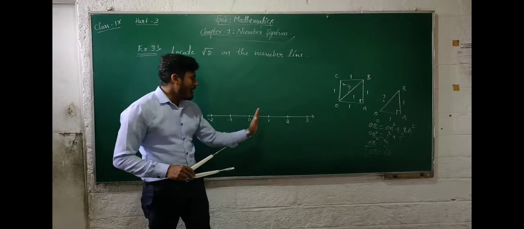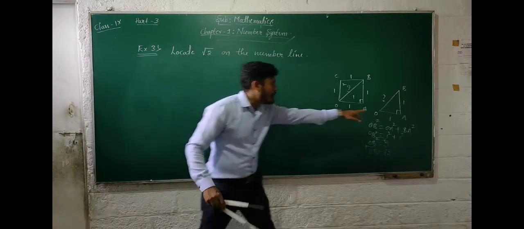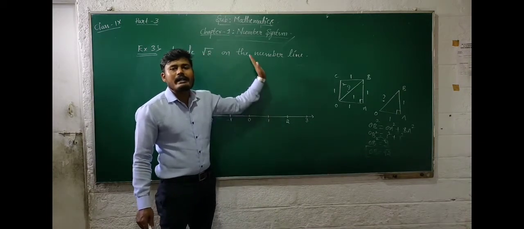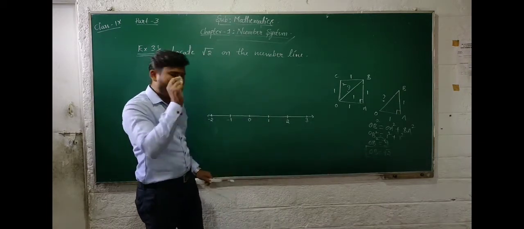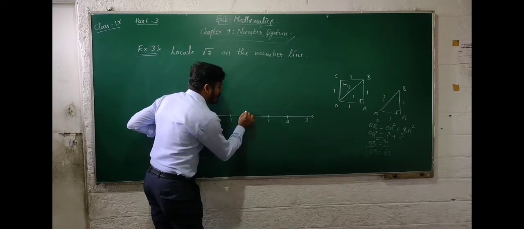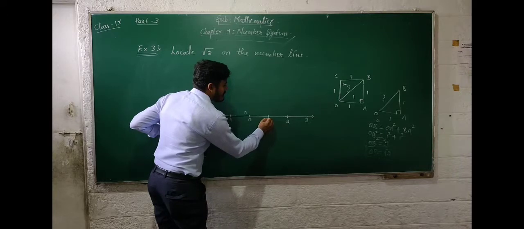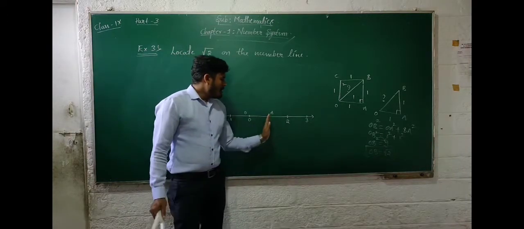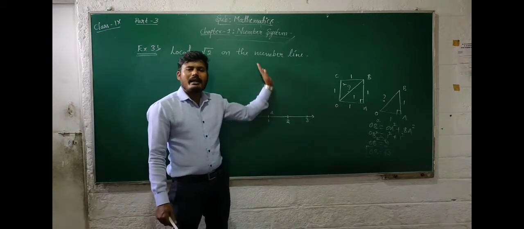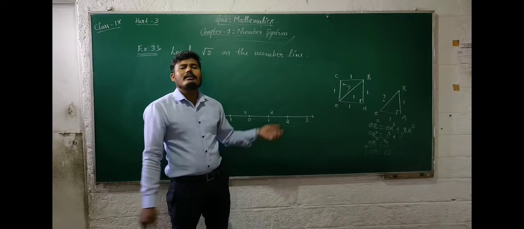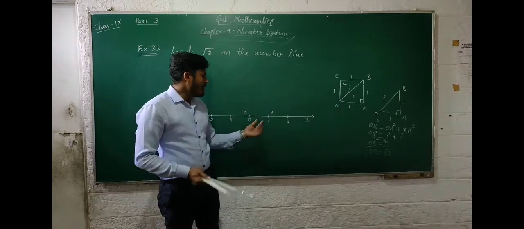By using a compass, you should draw a perpendicular on the point 1. Consider this as O and this as point A. We can easily draw a perpendicular on any line. We learned it in the previous class.